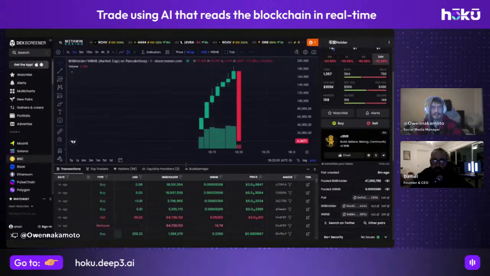Show me the contract address. See, it has the four fours. Yeah, grab that contract address and the time. We should see when it was created.